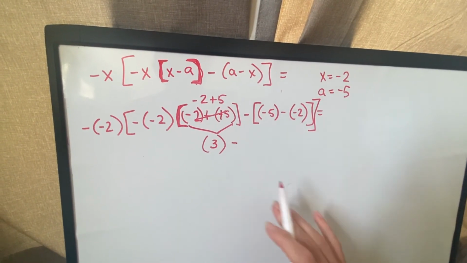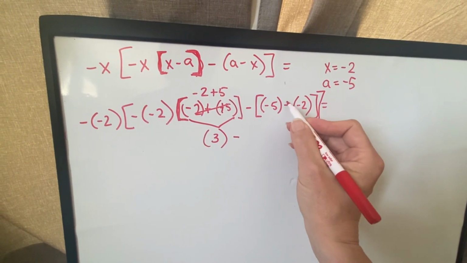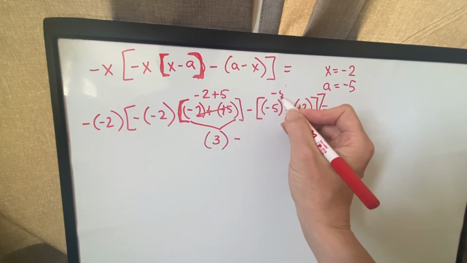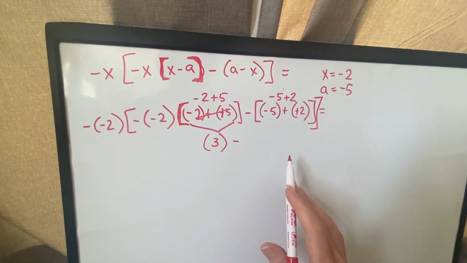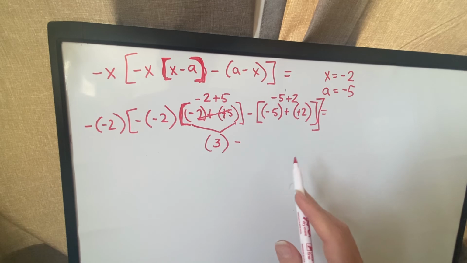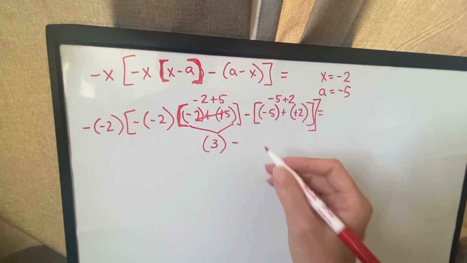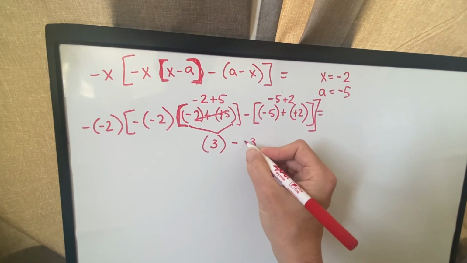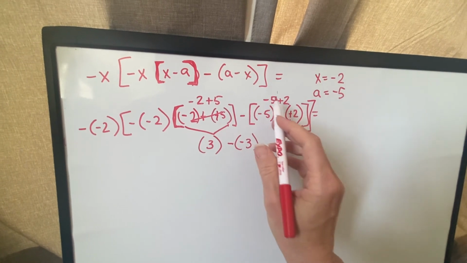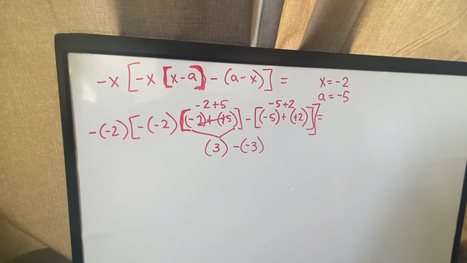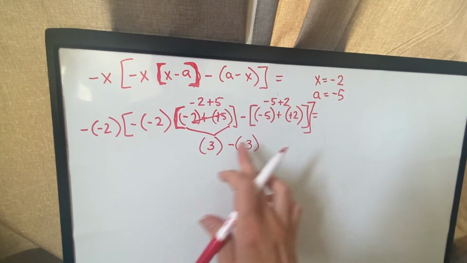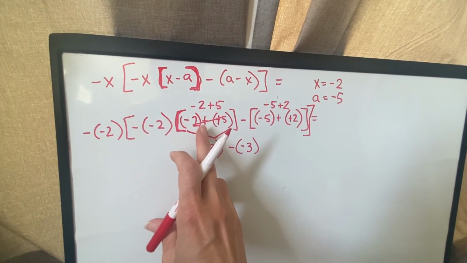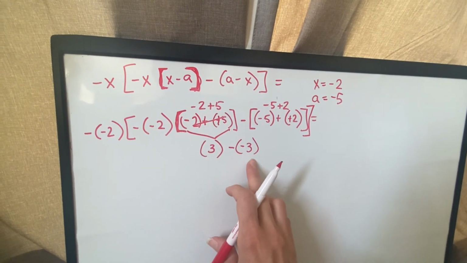Now we're going to come over here and do this one. A negative is a positive, so it's like saying -5 plus 2. Different signs, so we subtract, and we get 3 again, but this is going to be a -3 because the 5 is the bigger number and it has the negative sign in front of it. So inside here, we should have a 3 minus a -3.